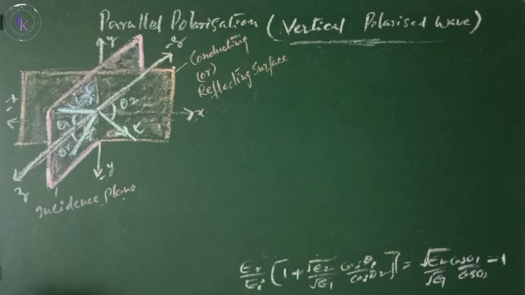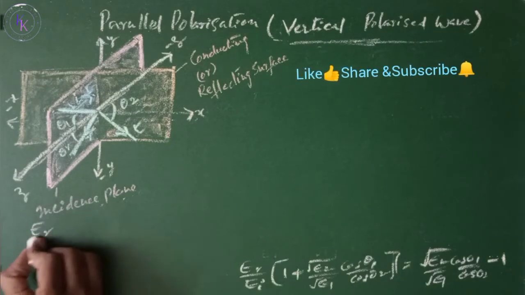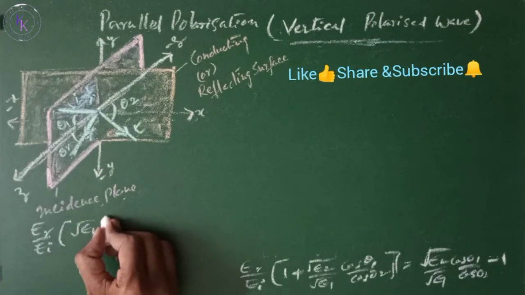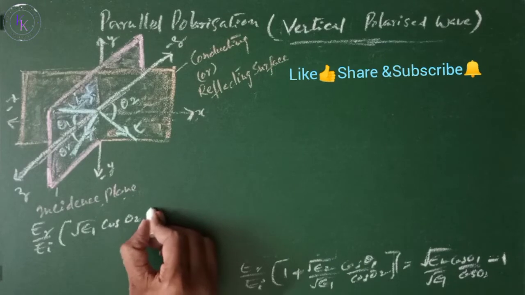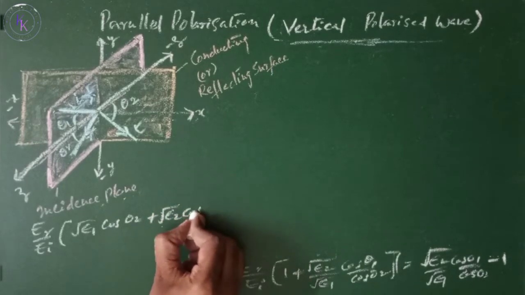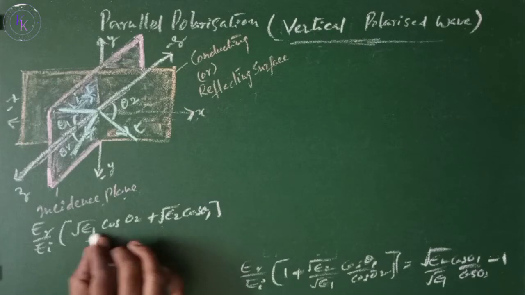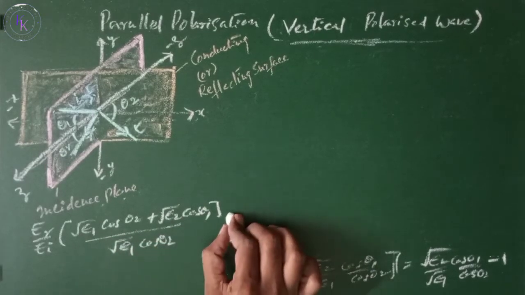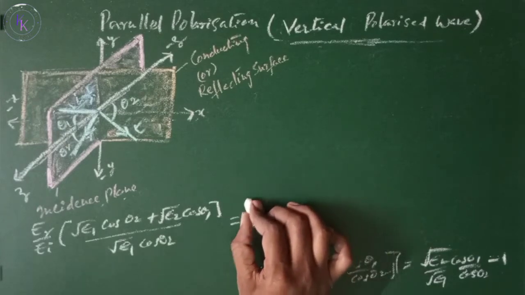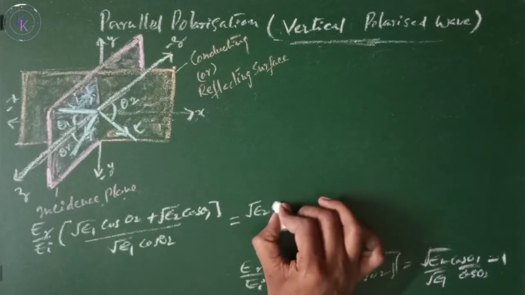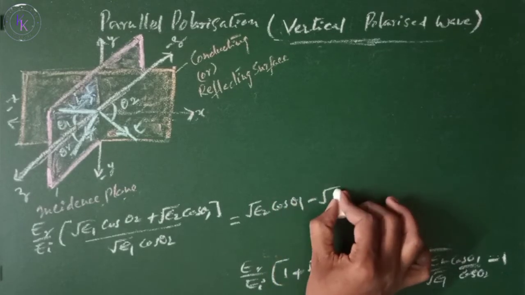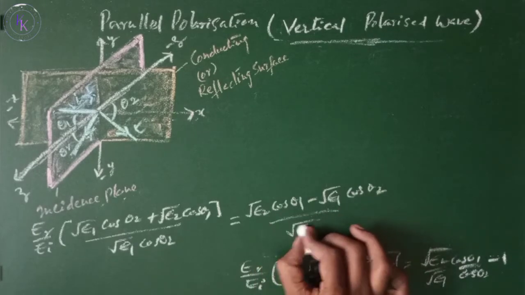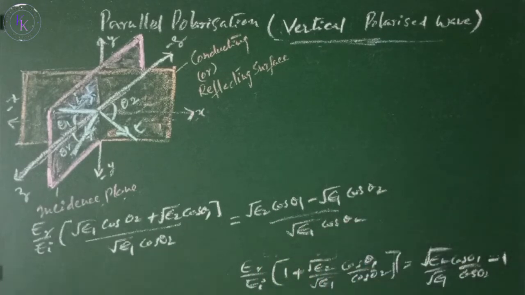Now solving this, you are going to get Er by Ei of (square root of epsilon 1 cos theta 2 plus square root of epsilon 2 cos theta 1) divided by square root of epsilon 1 cos theta 2 equals square root of epsilon 2 cos theta 1 minus square root of epsilon 1 cos theta 2 divided by square root of epsilon 1 cos theta 2.